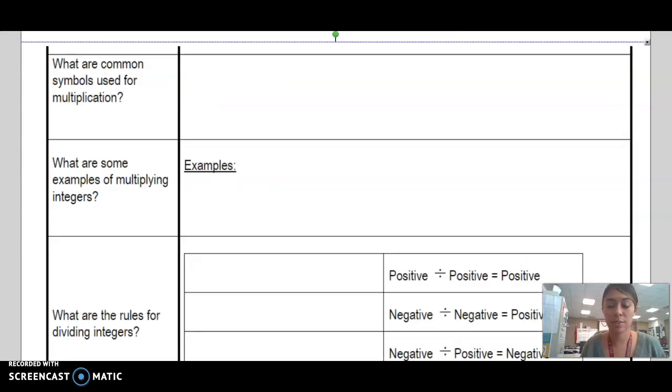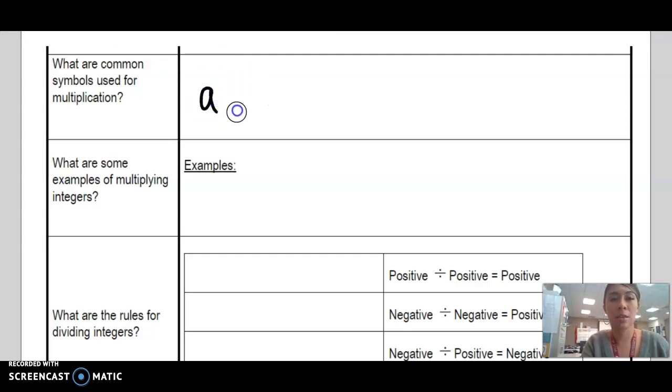Okay, let's go to the next slide. So next we're going to talk about common symbols used for multiplication. So the most common one is going to be the X symbol. When you multiply, let's say, I'm going to use the variable A with B. That is a common way you see it.